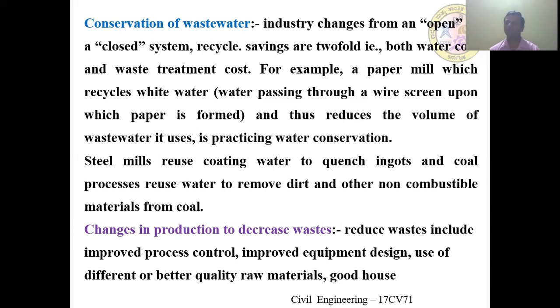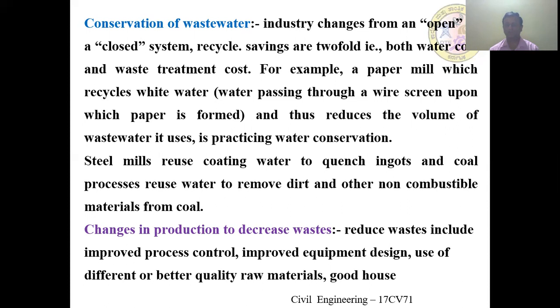That is, the water from washing of coal and other materials can be used for some other purpose. The wastewater can also go for recycling.